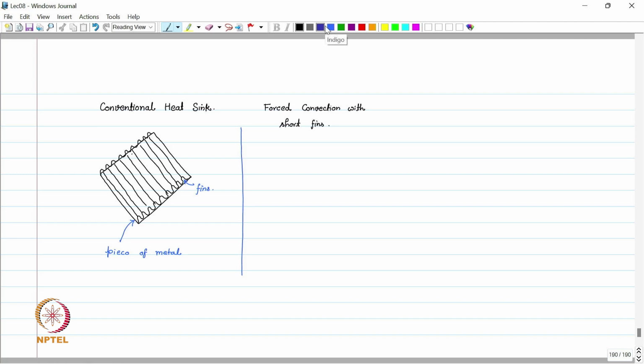In this type of design, we have, let's say, a complete PCB, and on this PCB there is a heat sink which has very short fins, and that is circular in nature.